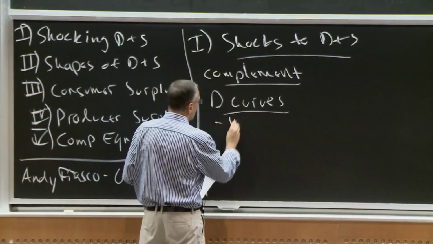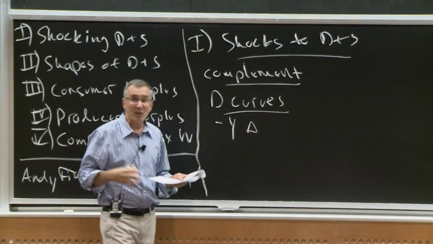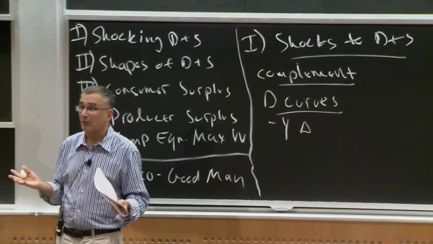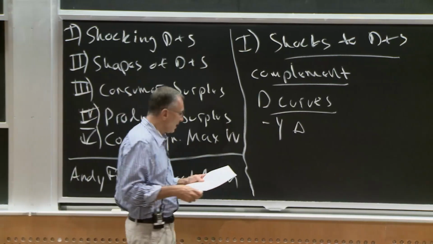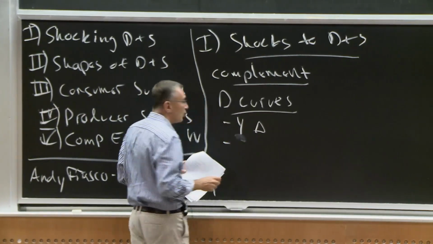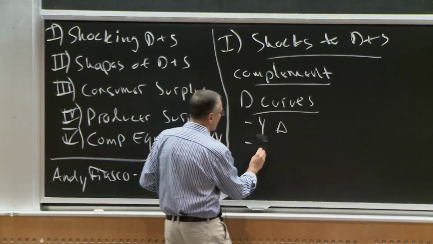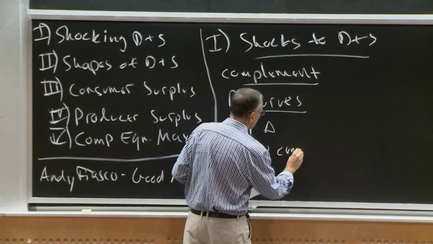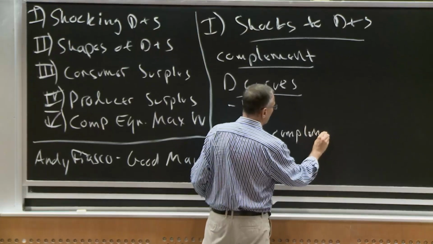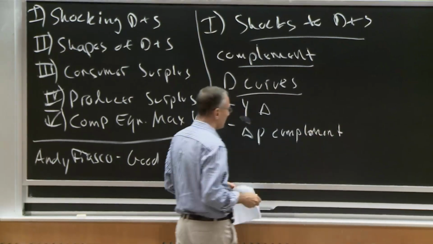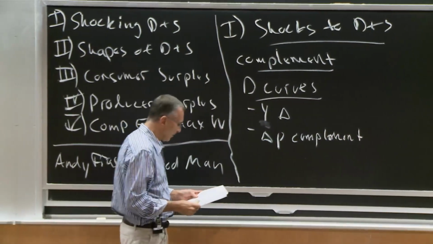First, your income changes. If people's income change, it shifts their demand curve. Okay? The second could be the change in the price of a complement good. Change in the price of a complement.